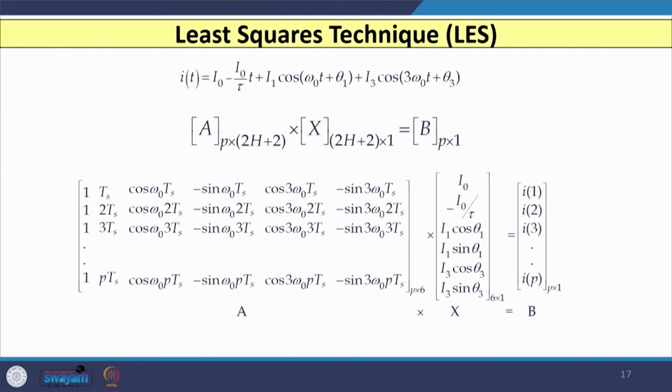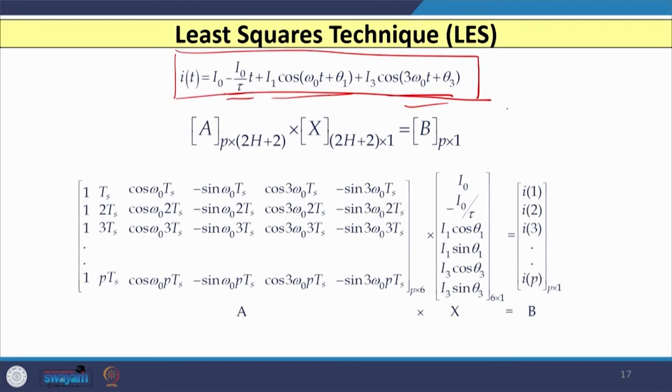If I consider the same current signal which contains the DC value, fundamental and third harmonic term, the size is given by this, and if you obtain the A matrix, you can see that in the first row, when you start with sample number 1, n is equal to 1, this term is already there, this term is also there, but this term is newly added, that is T s.